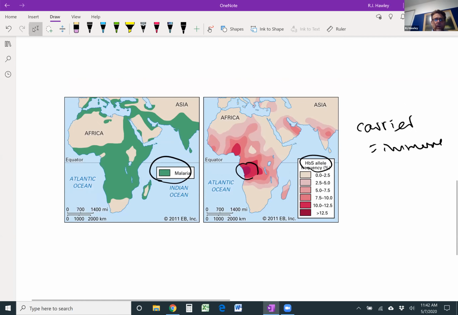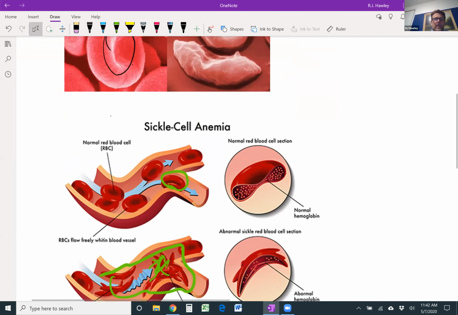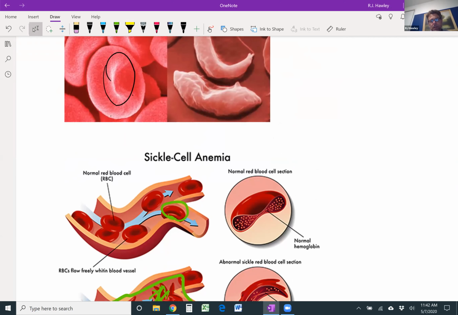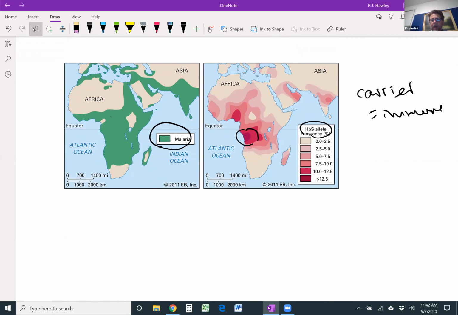And it has to do with the hemoglobin in your normal cells actually breaking apart more easily when the mosquito injects the parasite into you. So it stops the parasite from being able to reproduce. It breaks its reproductive life cycle, and makes you immune so that you're going to live and have a more normal life.